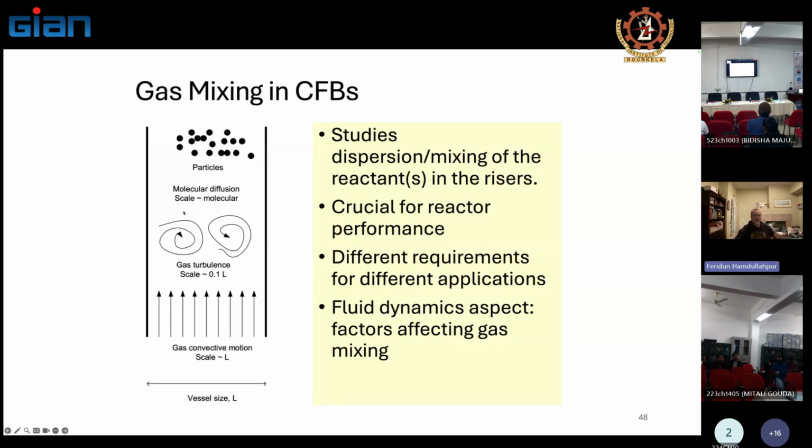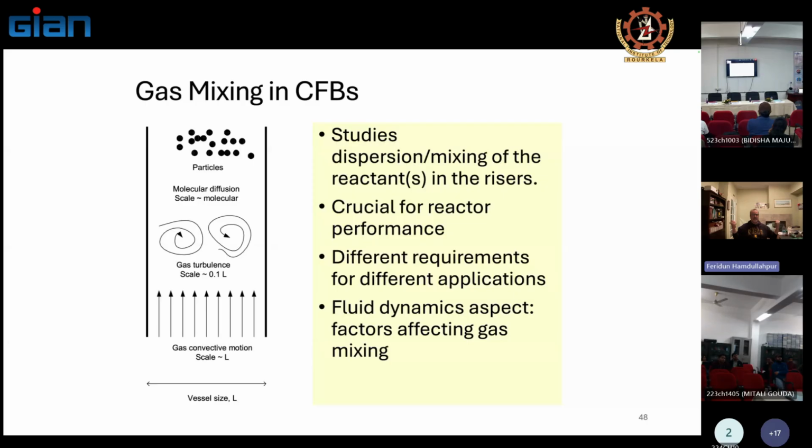So when you think of this rectangular-shaped vessel or cylindrical, whatever the cross section, and you have gas flow upwards, it will have diffusion to the walls.